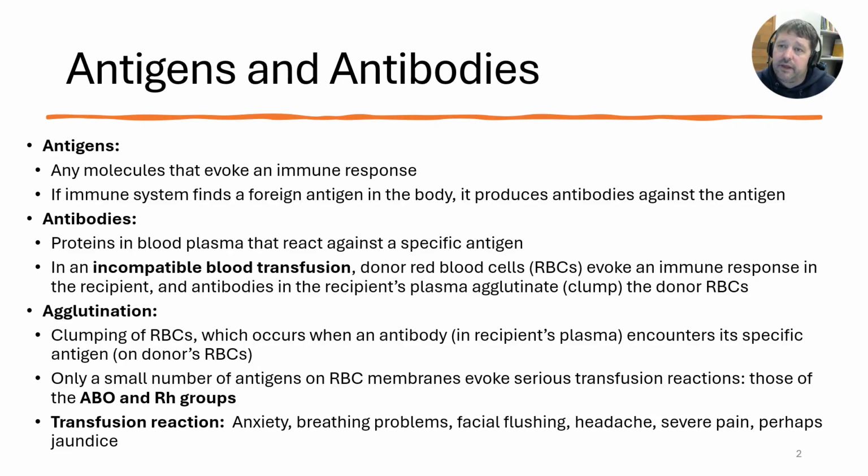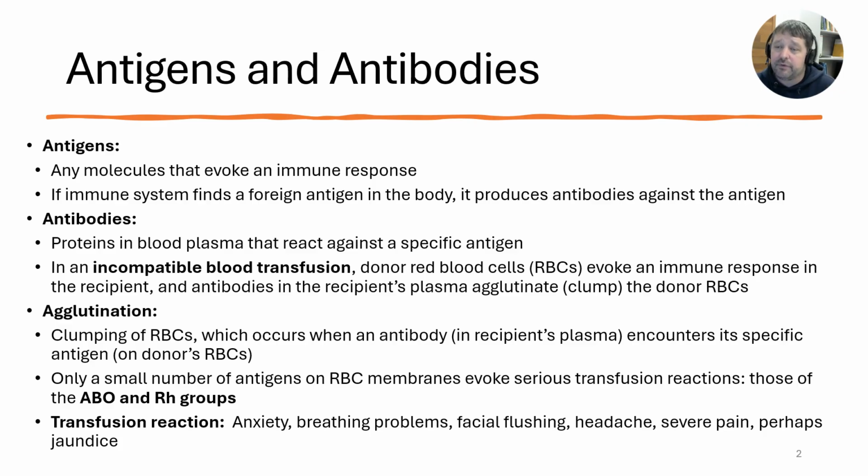So for the most part, when we're talking about transfusion issues, we're talking about ABO or Rh group issues. Now, if you remember back from general biology, the outside of all your membranes, even your red blood cells, are just covered in proteins.